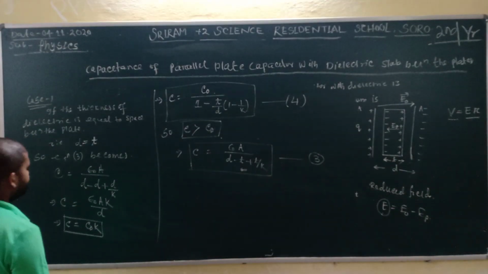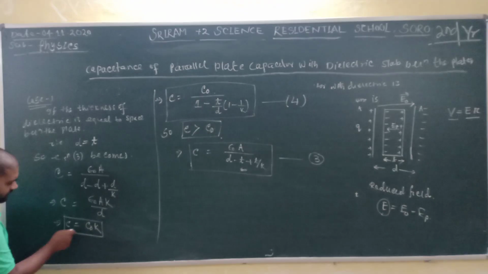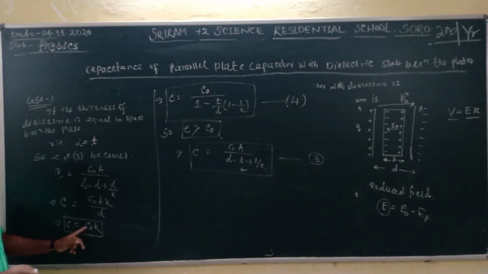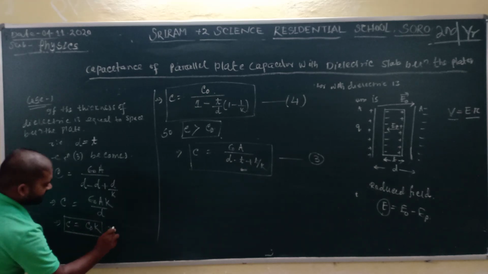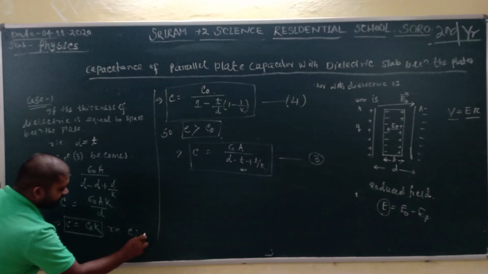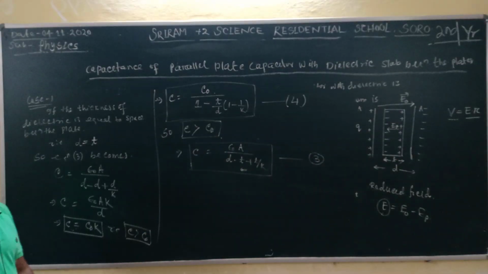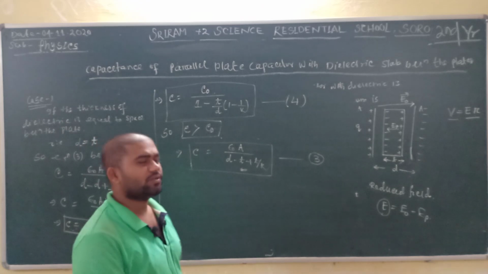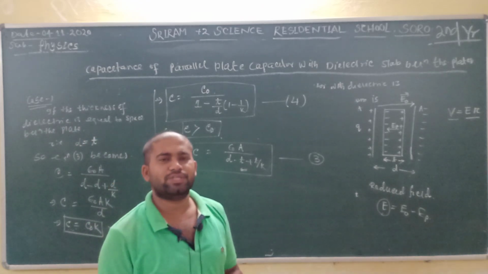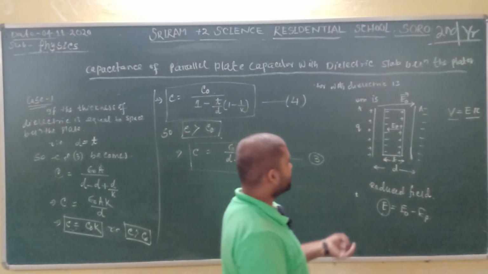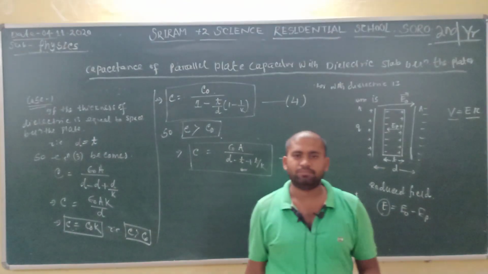So what does this relation predict? This relation predicts that C is greater than C0. That means the capacity of the parallel plate capacitor increases when you introduce a dielectric slab in between the plates.